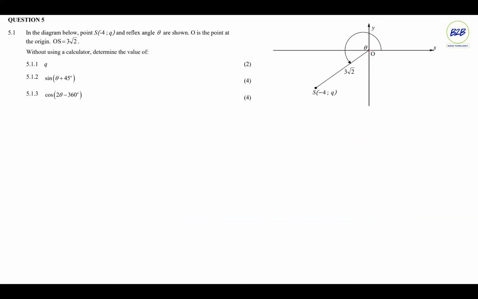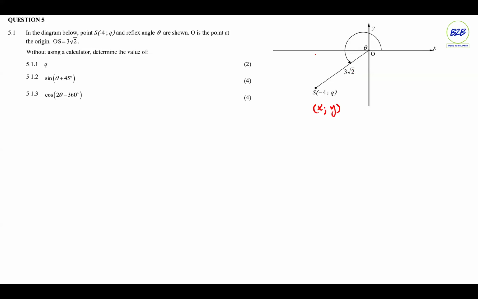Here we are given O as the origin, and S as a coordinate, whereby x is -4 and y is Q. We are told that the distance from O to S, which is called OS, is 3 root 2.